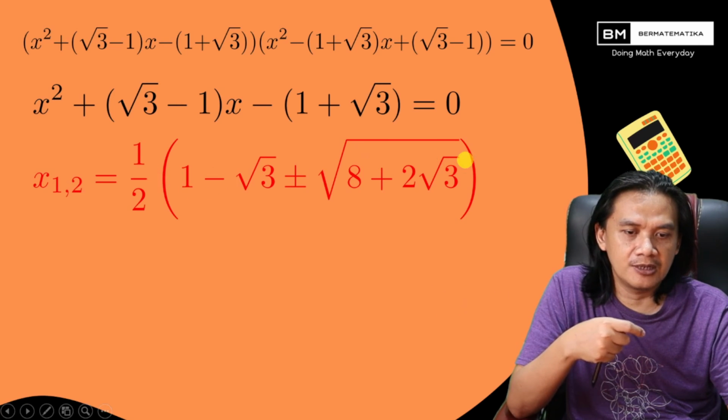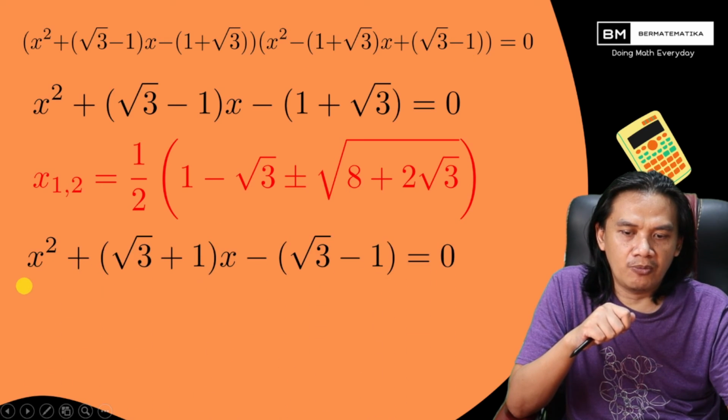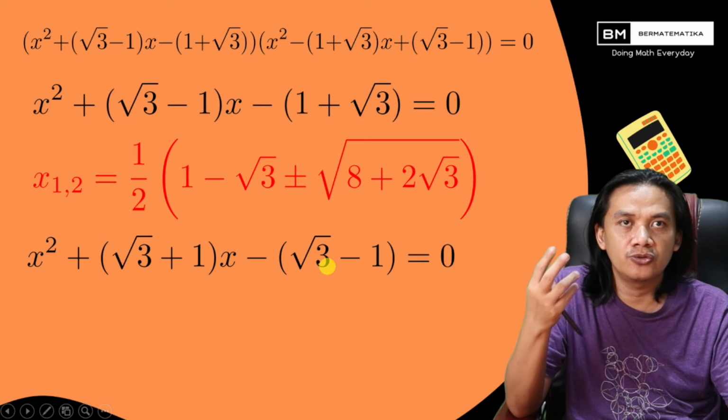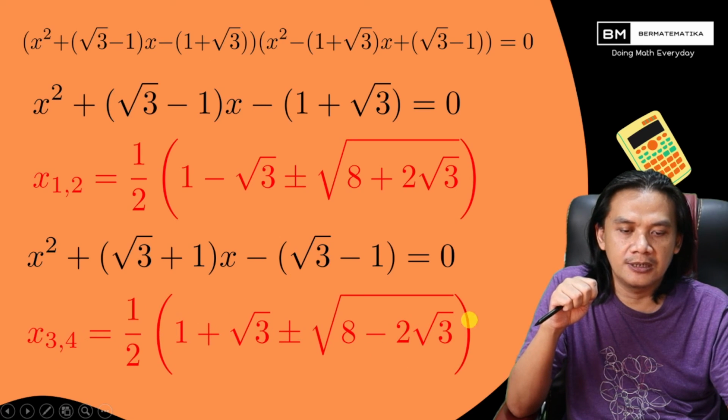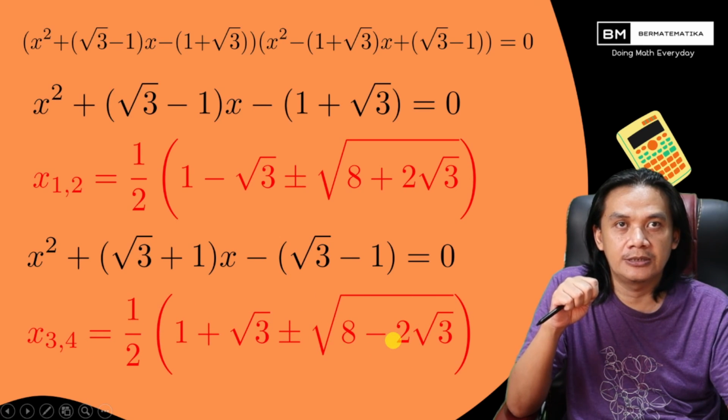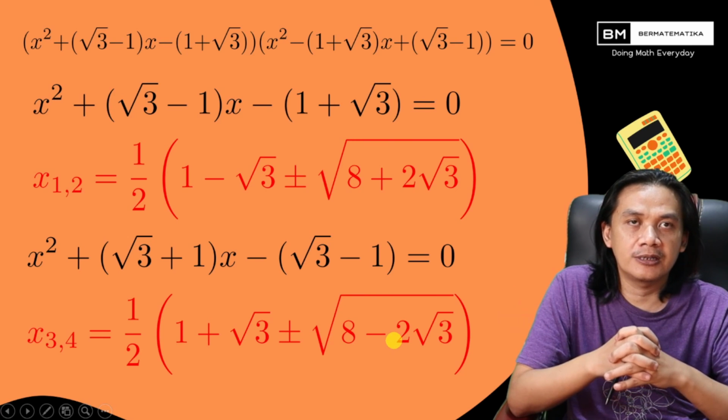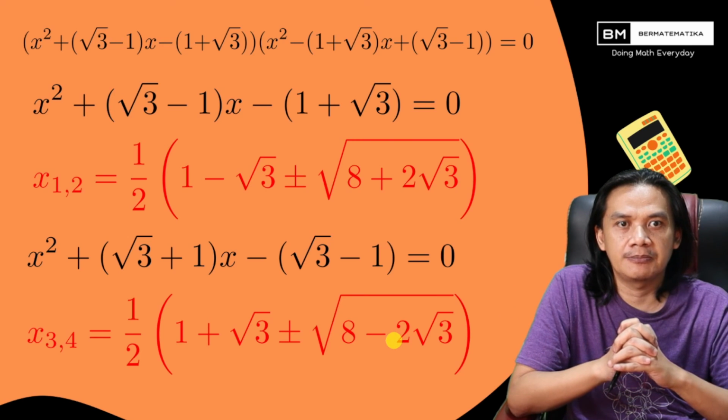So you will get this one, and then from the second factor, when we set it equal to 0, we obtain two more real solutions, which is this expression. So therefore, we have 4 real solutions to the original problem.